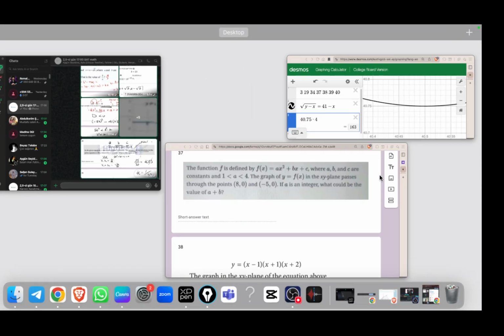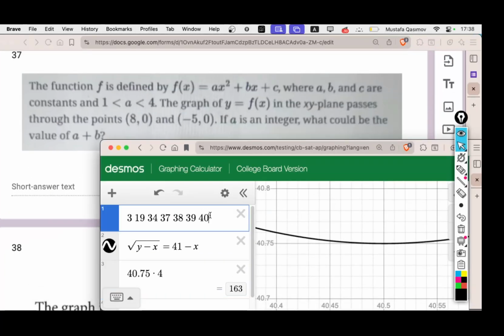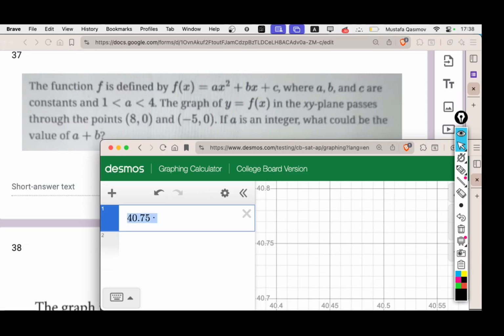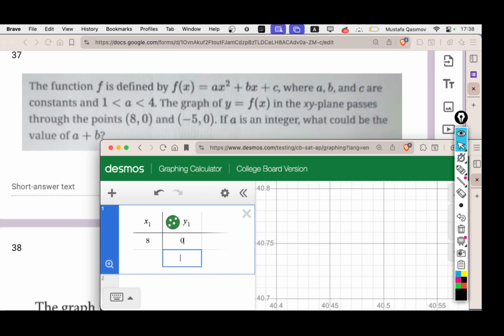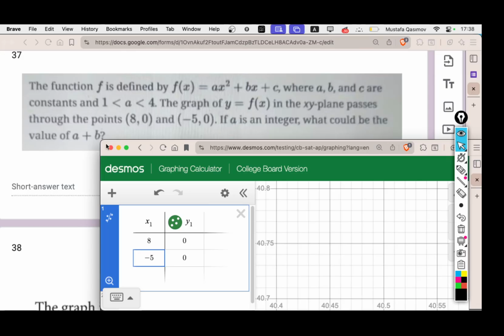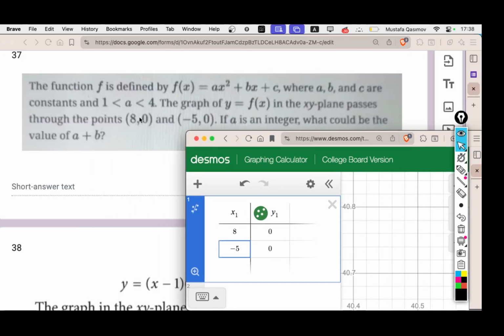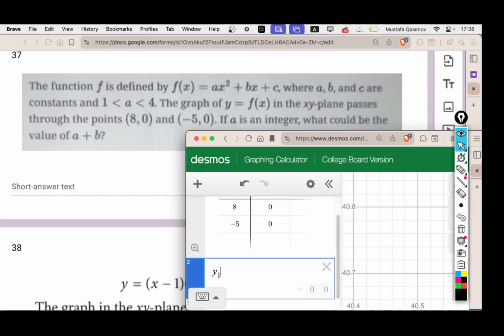But most students actually prefer using Desmos for this question. In Desmos, they are creating a table firstly, right here 8 and 0, -5 and 0. Okay, then write that one here: y1 ~ ax1 squared plus bx1 plus c.